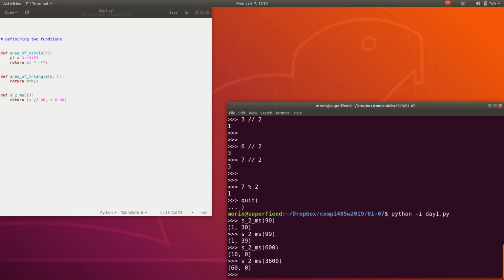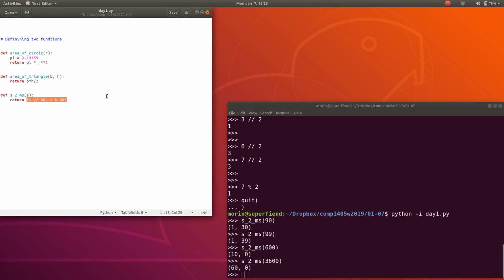Okay. So there's a really good use of this integer division and modular arithmetic, and something else that you've just seen, probably for the first time ever for anybody who's not programmed in Python before, is a function that returns 2 values, just like that.